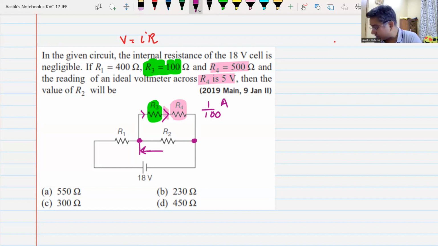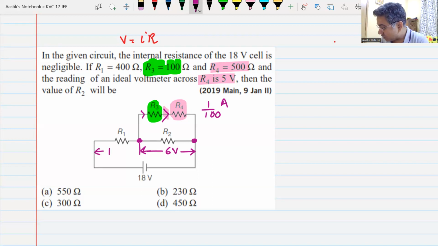What is the potential drop? The potential drop will be 6 volt. Yes or no? Yes, sir.